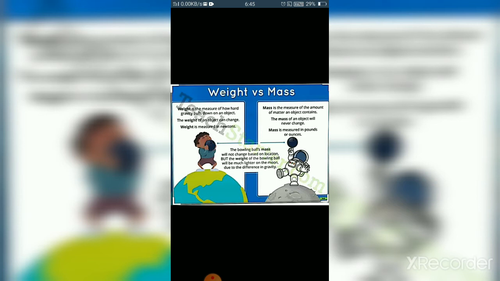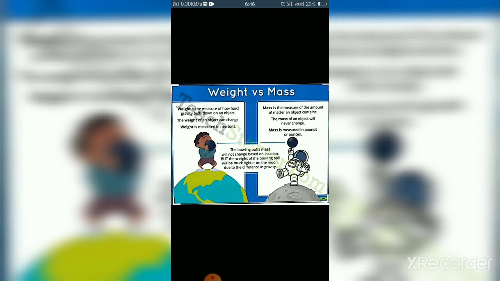And again, according to the formula F equals ma, that is force equals mass into acceleration, the force of attraction of the earth on an object is known as the weight of the object, and it is denoted by W. W equals mg.